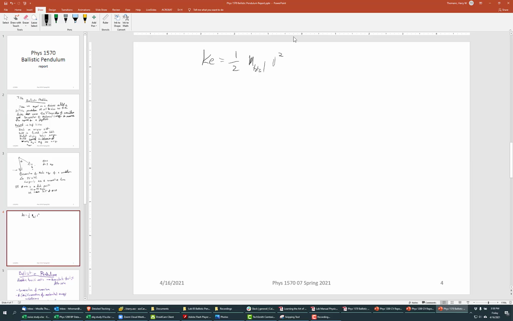So what can we do with this information of the V squared, with this V? So that's the total. It's not the speed of the bullet.